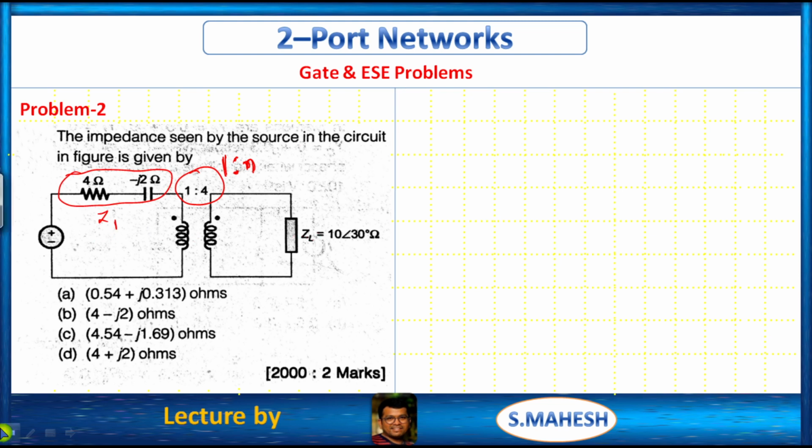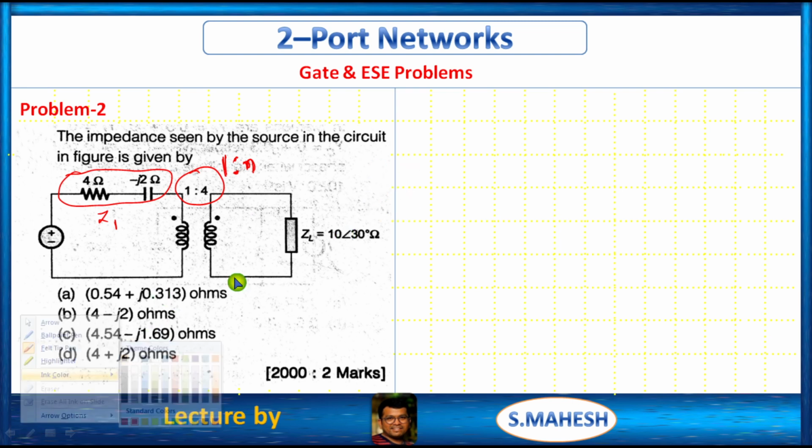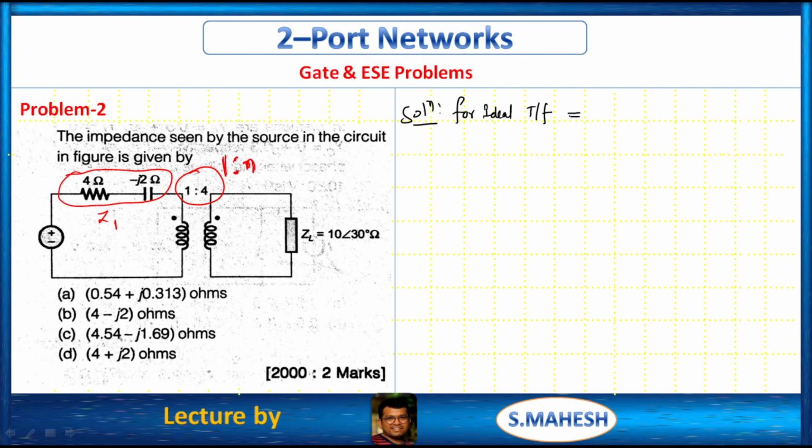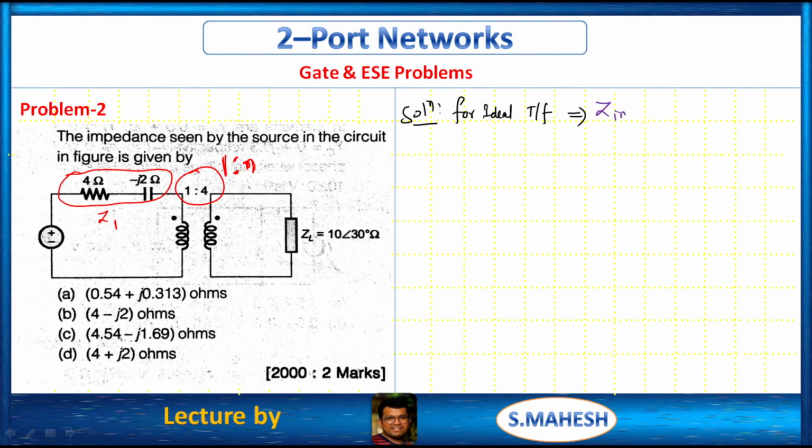We all know that, listen carefully, for an ideal transformer, the input impedance, provided the turns ratio is 1:n, is 1 by n square into the secondary impedance. This is for an ideal transformer, but he provided some impedance in the primary, that is 4 minus J2.